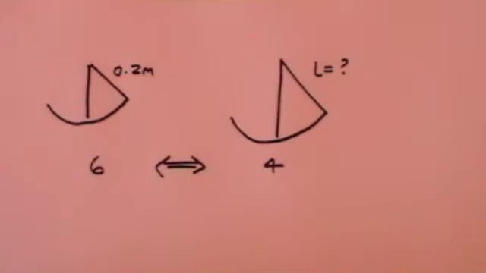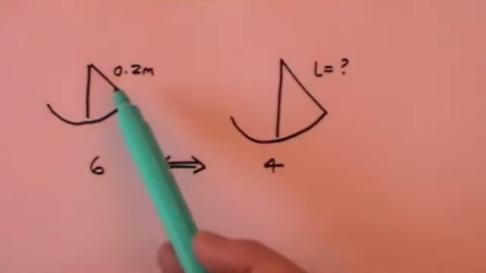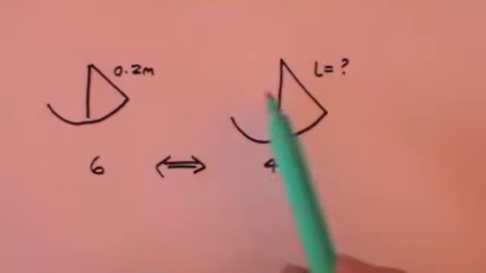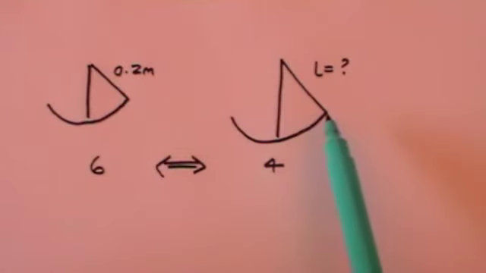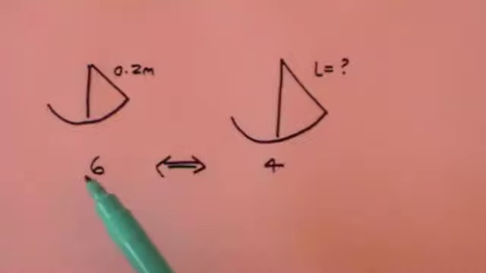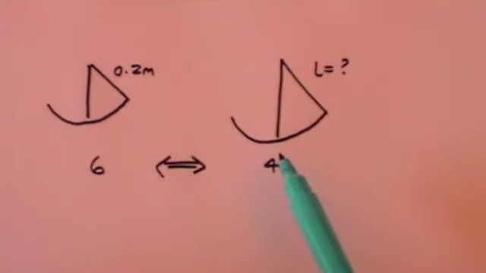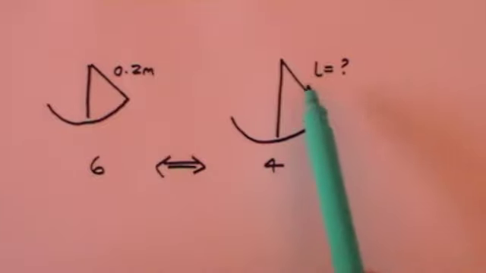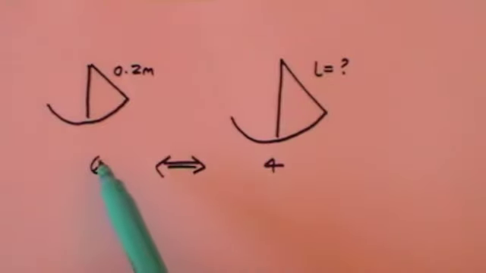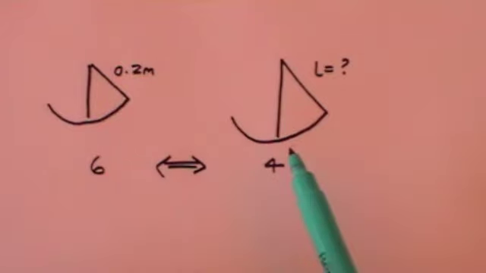Question 12. We have two pendulums. One is 0.2 meters long, the other is longer. And we swing them, and what we find is that when this pendulum has swung 6 cycles, this pendulum has only swung 4 cycles. And the question is, what is the length of this pendulum? So what we know is that the time for this to do 6 cycles is equal to the time for this to do 4 cycles.